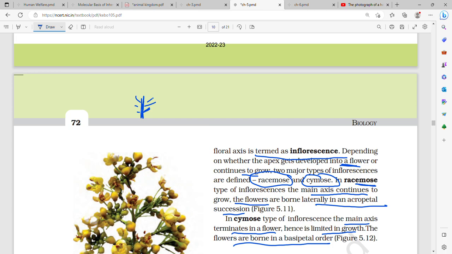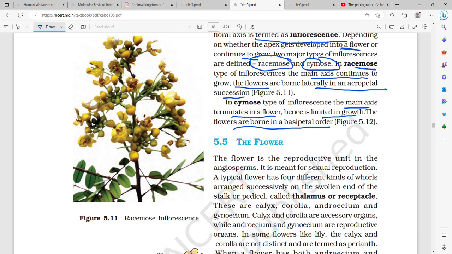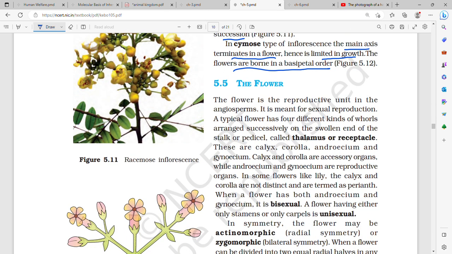Cymose inflorescence is when the main axis gets terminated into a flower. Racemose inflorescence is when the main axis keeps growing and laterally the flowers are produced.